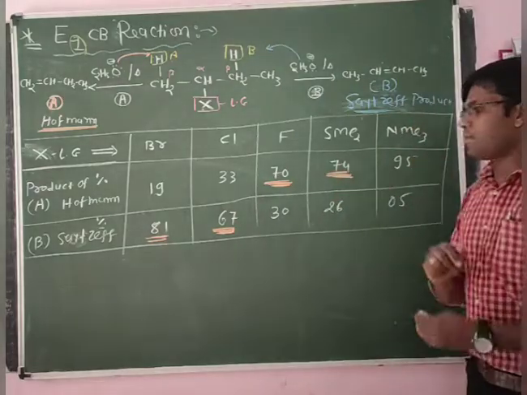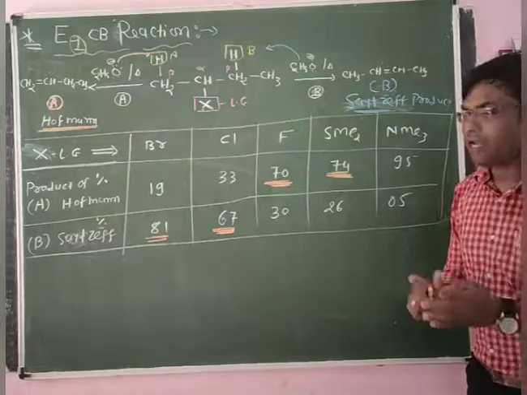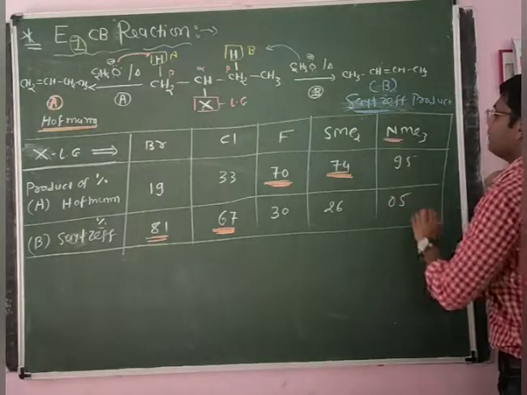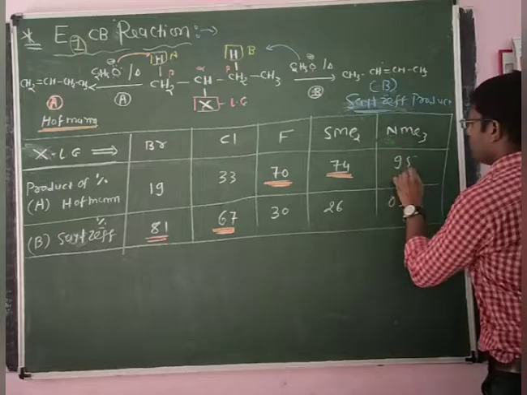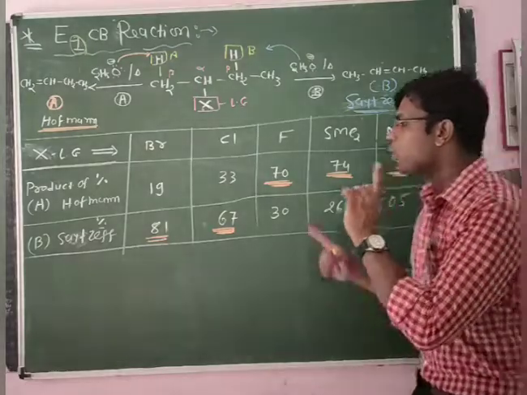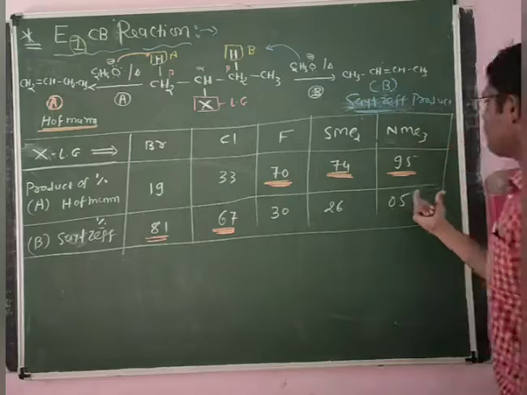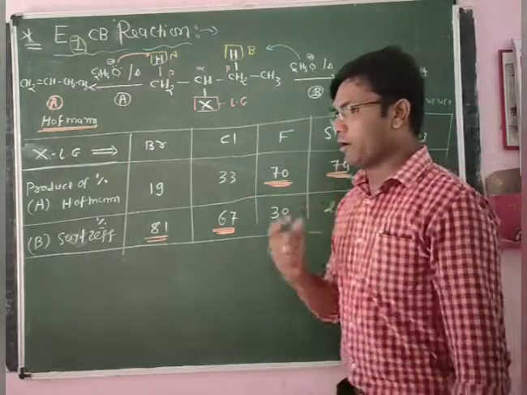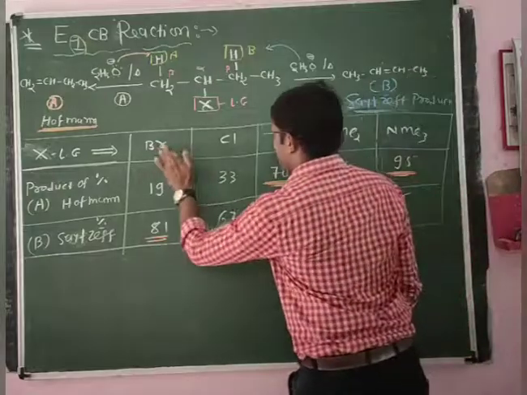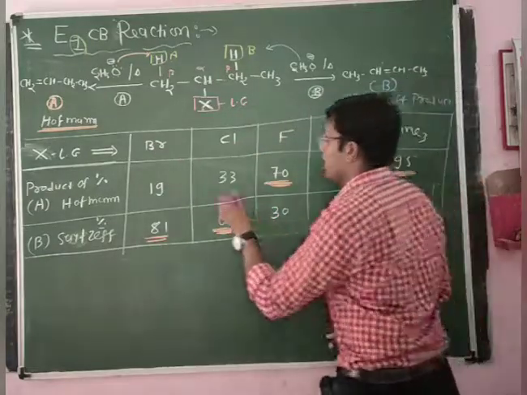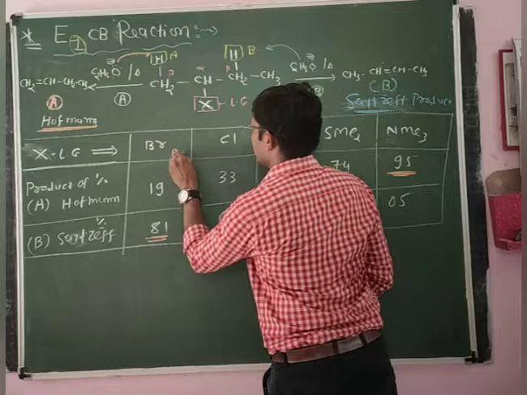It is also the major product. And similarly, if we consider trimethylamine as a leaving group, then we get 95% Hofmann product and only 5% Saytzeff product.